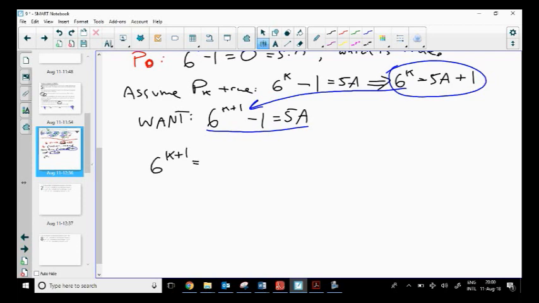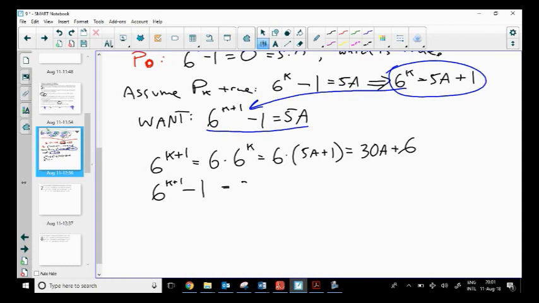Well, 6 to the k plus 1 has to be 6 times 6 to the k. But I know that 6 to the k is equal to 5a plus 1. And if I multiply through, that's 30a plus 6. So if I take 6 to the k plus 1 and I subtract 1 from it, that must be equal to 30a plus 5. And this is obviously divisible by 5.